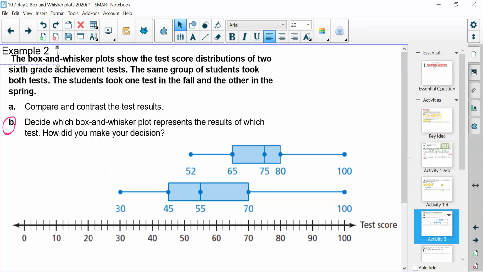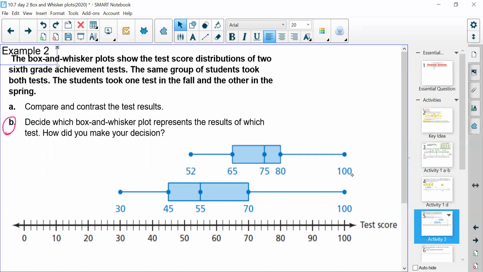What do you think? Which one do you think might be the fall and might be the spring? Do you hopefully do better in the spring after learning a little bit more? I agree. Let's check this out. If I look at this bottom one, see how my lowest data point is 30? And the one on the top here, my lowest data point is 52.